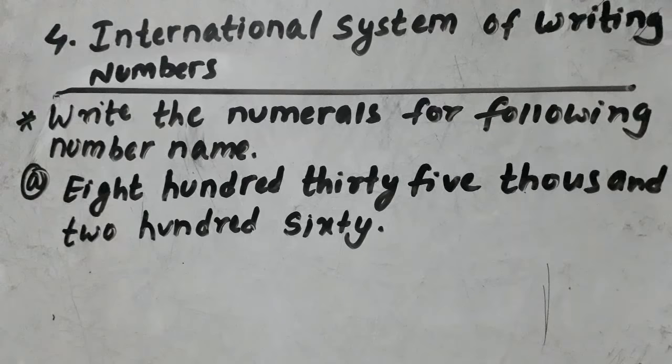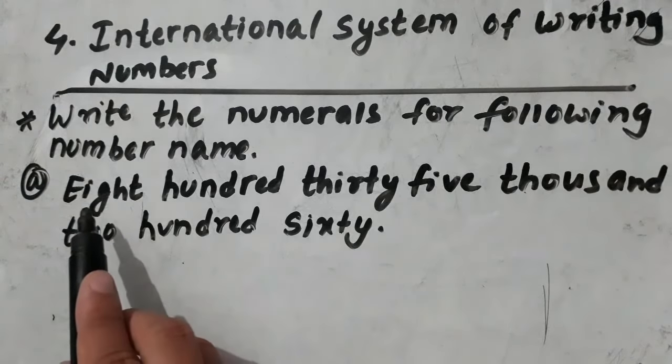After ones, thousand. After thousand, the period of million occurs. After million, billion occurs. So we should always consider ones, thousand, million, billion. These are the periods. First we should consider them.